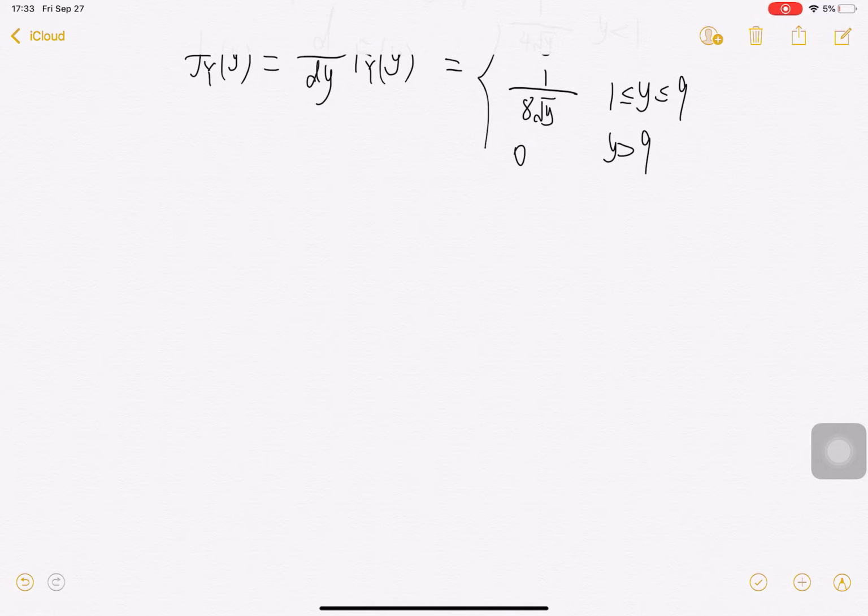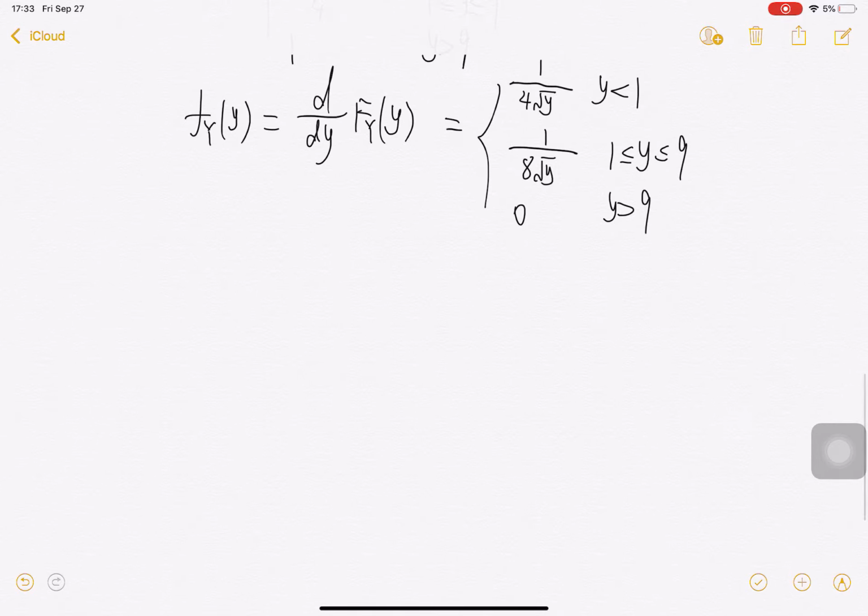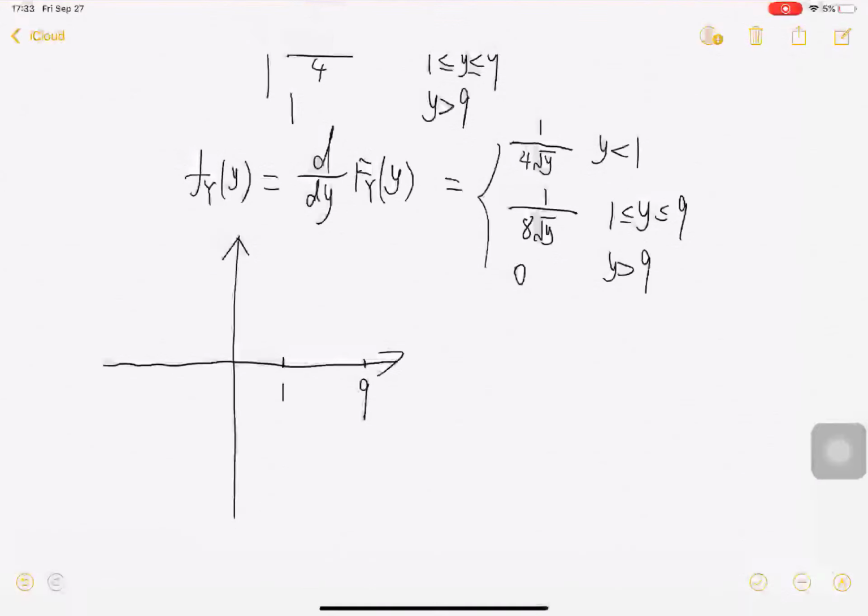Then let's draw the picture. First, let's draw the mass function. Let's mark some points, 1 and 9, and then it should be this way. When y equals 1, it is 1/8, so it's this part.